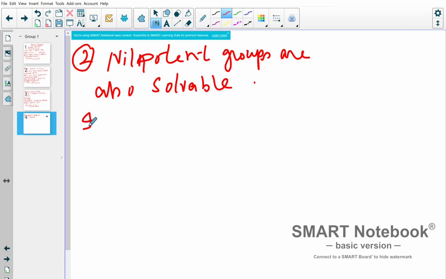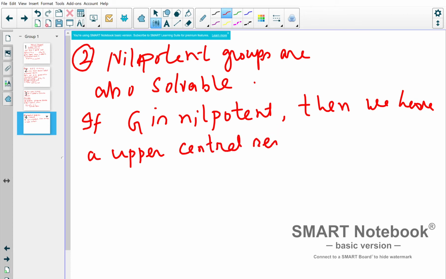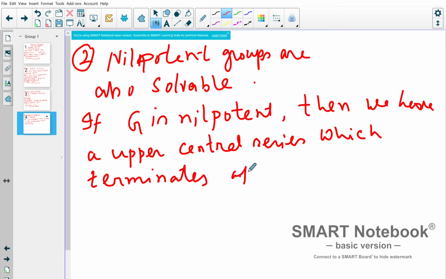Because if G is nilpotent, you remember, we have an upper central series, which terminates at G.